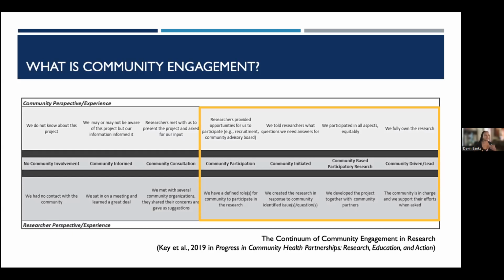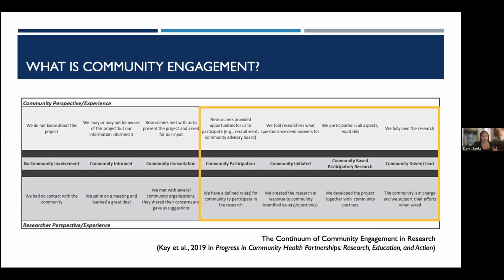Like researchers provided specific opportunities for us to participate. That's community participation. You'll see in community initiation, we told researchers what questions we needed answers for, right? And they helped us get those answers. And then in community-based participatory research and community-driven, led research, the community is even more involved.